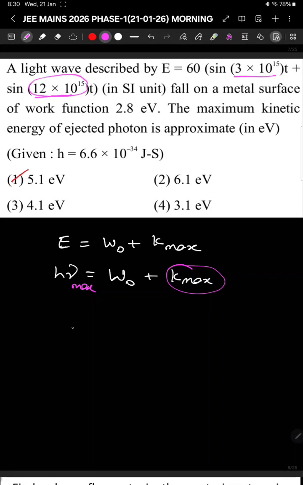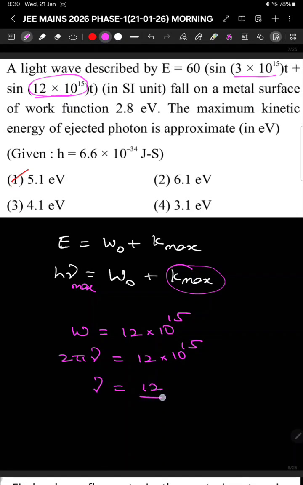Here maximum omega was given as 12 into 10 power 15. The omega formula is 2 pi nu, that is 12 into 10 power 15. From this you can find the nu value. Nu is 12 by 2 pi into 10 power 15.